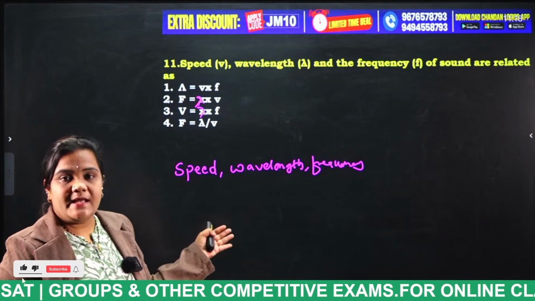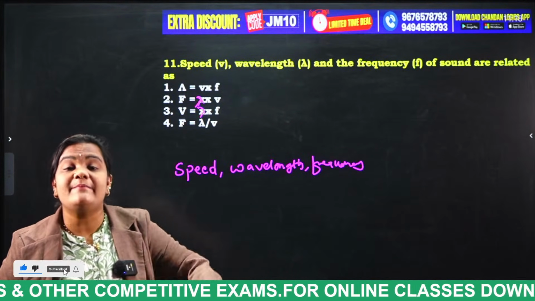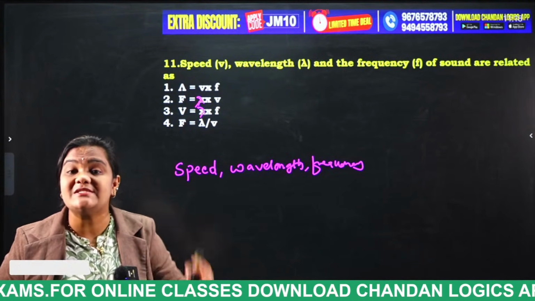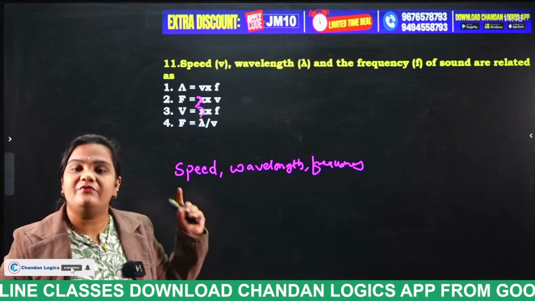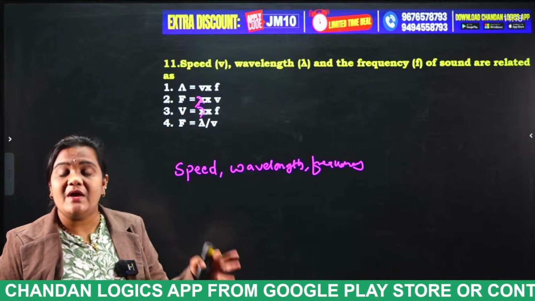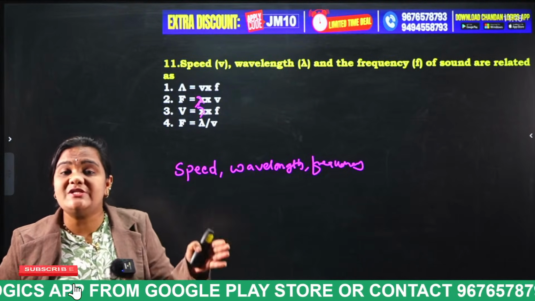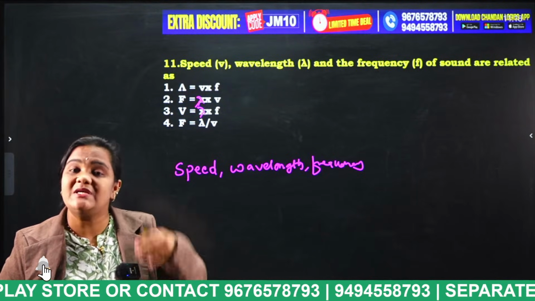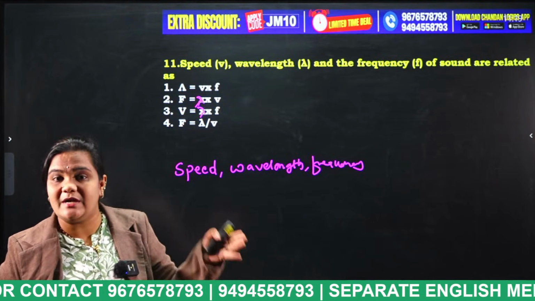Speed. Now, what do you mean by frequency? Number of oscillations in 1 second, we call it as frequency. What is the unit for frequency? Hertz. And wavelength? Wavelength is nothing but the distance from one crest to another crest of a wave. Wavelength is denoted by lambda.